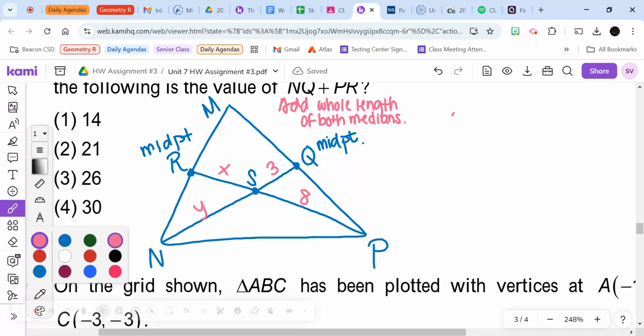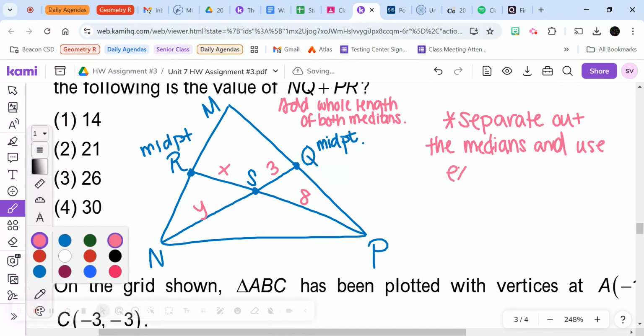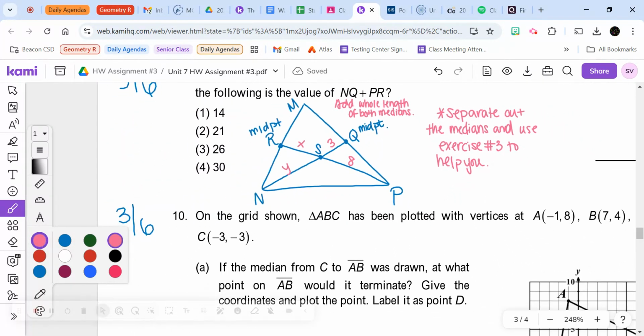So I would probably say separate out the medians and use exercise number 3 to help you. Okay, so very similar to exercise 3 as well.